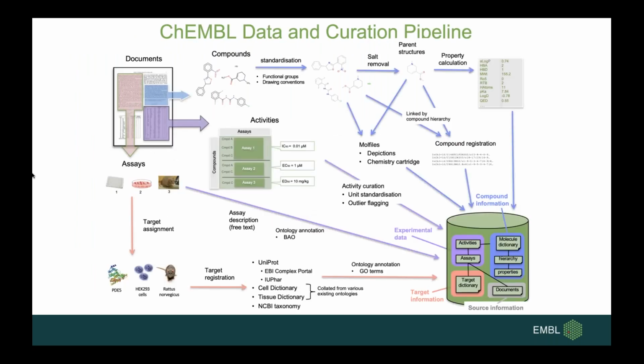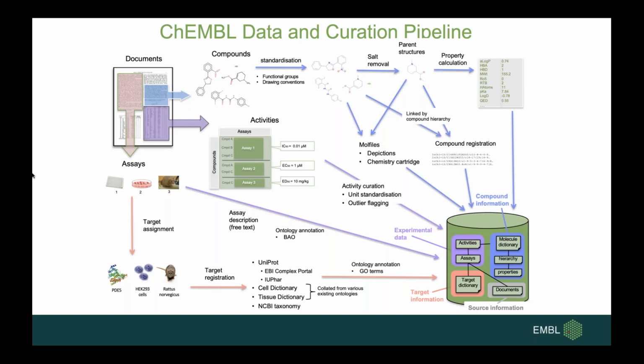So this is basically the process that we use. We have a document. Our extractors then read those documents and extract information about the compounds. We then do a lot of standardization, and put that information, including the chemical structures, into the database. We then extract a limited amount of information about the assays.